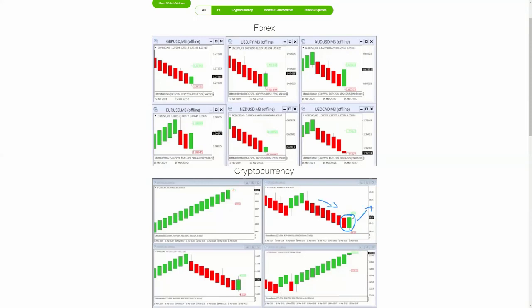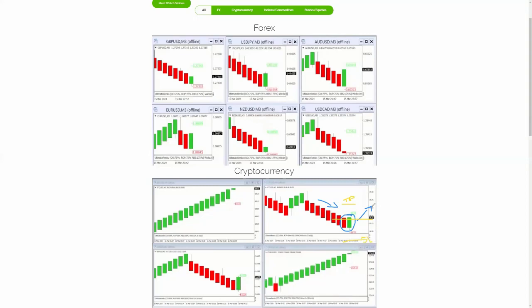So let's say we get an entry over here, right? Now, this is a buy trade, so our take profit will be above, and let's say this is 100 points, so we would set our take profit at 100 points right here, and then right here is where our stop loss would be at 100 points.